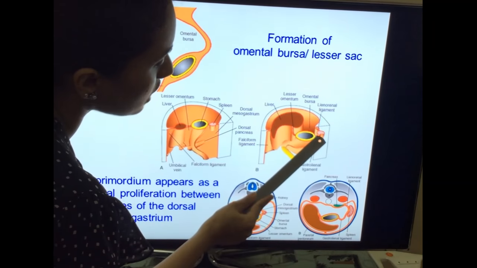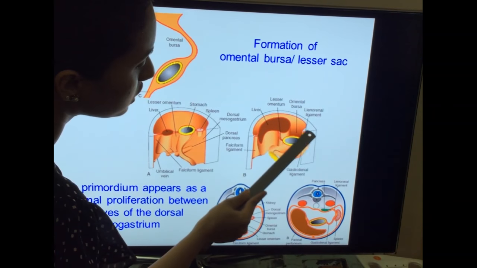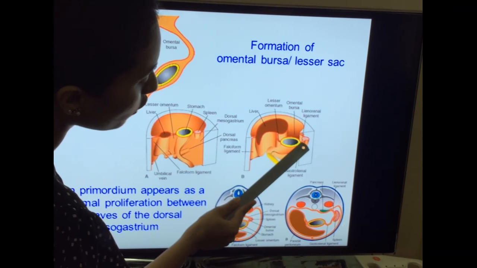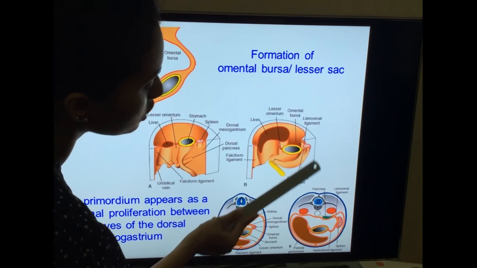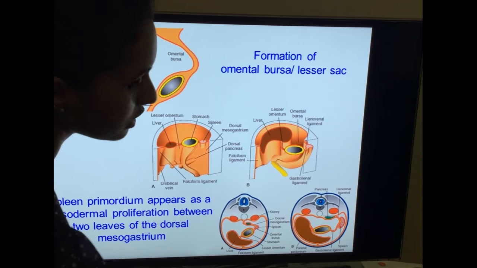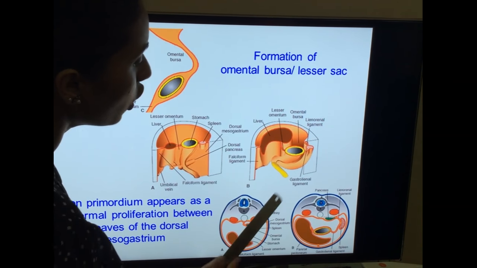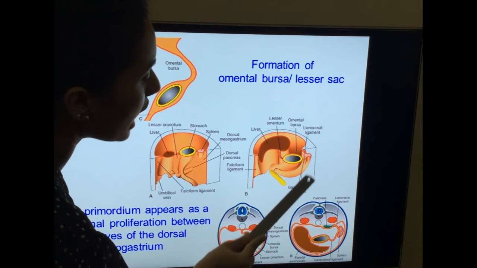So what happens? There will be formation of two ligaments on the posterior aspect of the stomach. You can see one of the ligaments, that is the dorsal mesentery connecting the stomach to the spleen, is called the gastrolienal ligament. Lienal is nothing but the spleen, because it is connecting the posterior aspect of the stomach to the spleen.